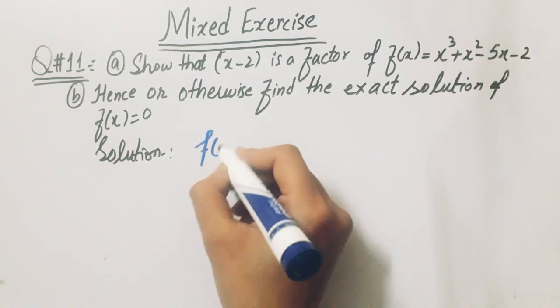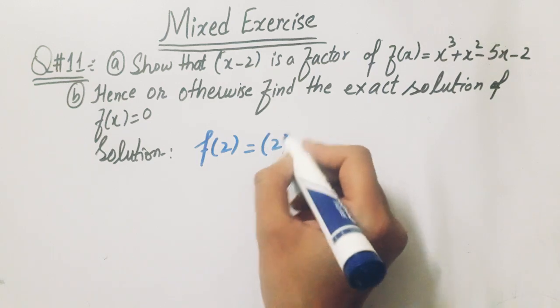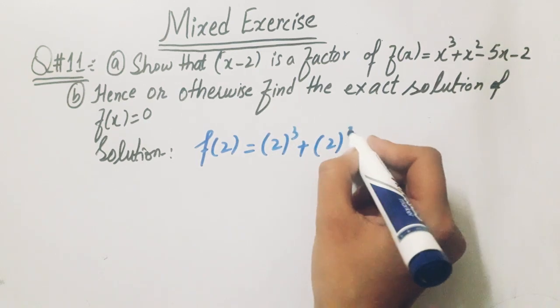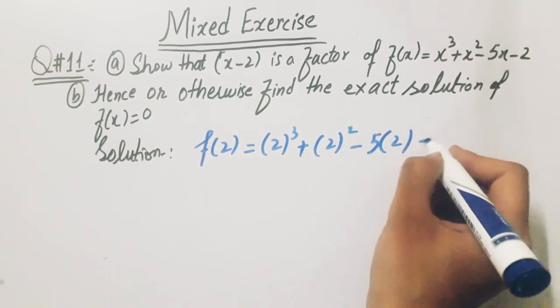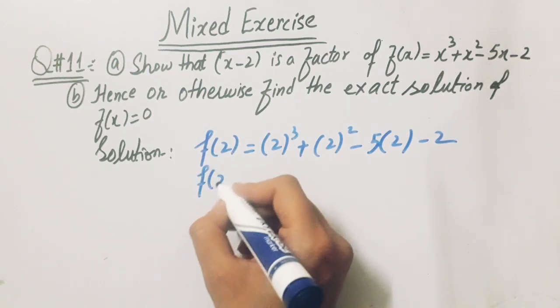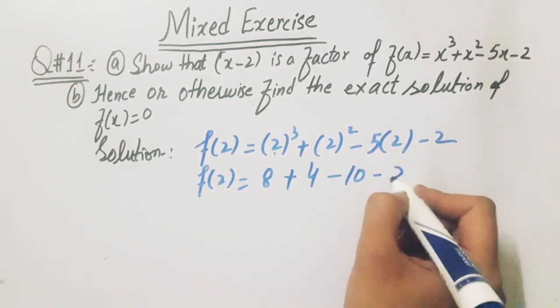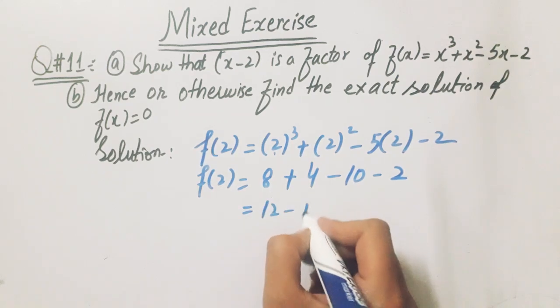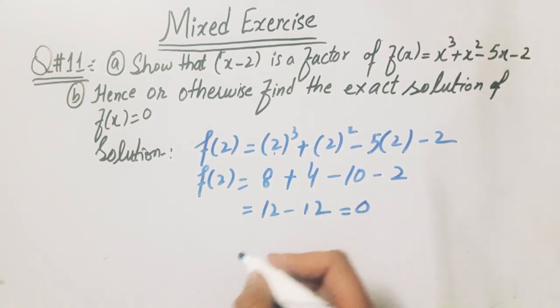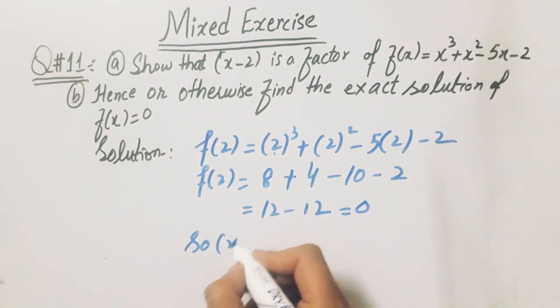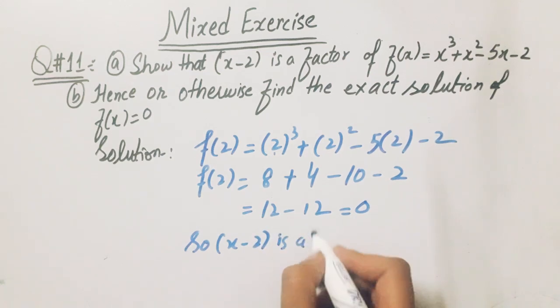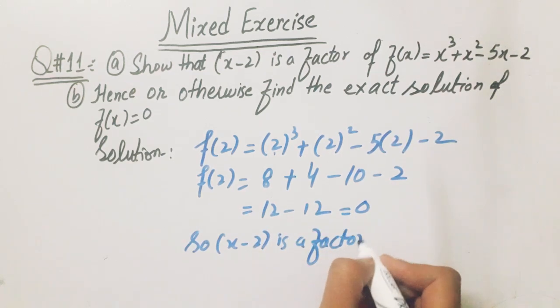So f of 2 is equal to 2 cube plus 2 square minus 5 into 2 minus 2. So 2 cube is 8. 8 plus 4 minus 10 minus 2. So this is equal to 12 minus 12, which is equal to 0. So x minus 2 is a factor of f of x.